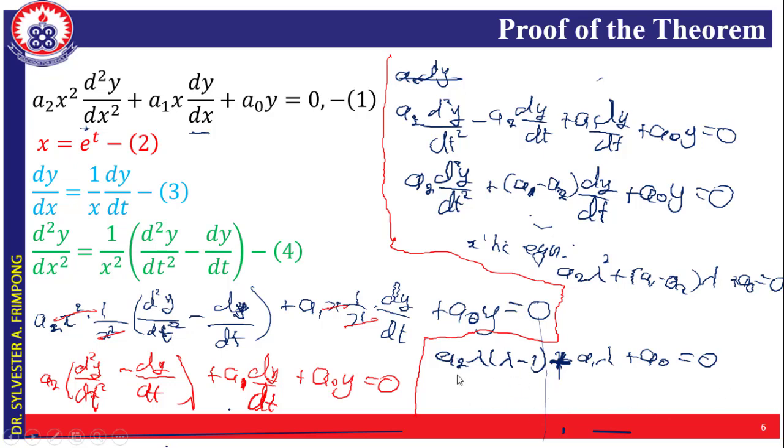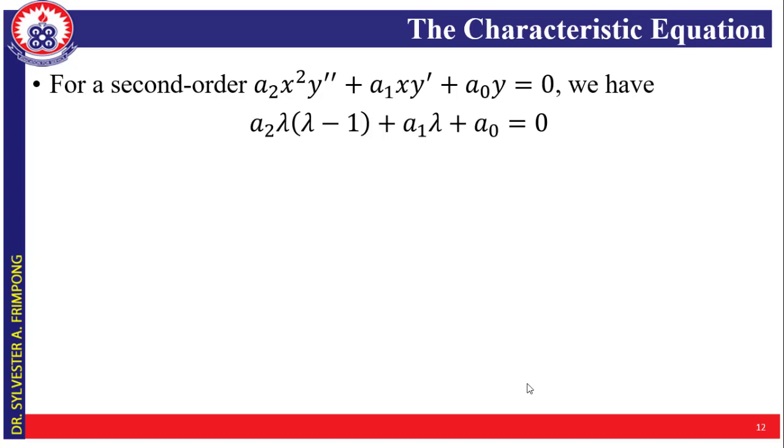So this is the second order. If you repeat the process for the third, fourth, fifth order, for the second order, this is what we obtain.